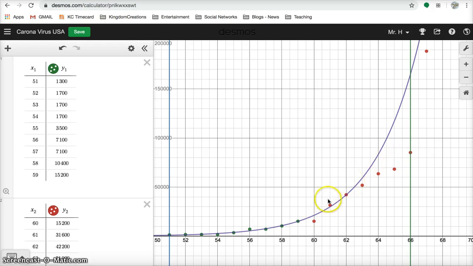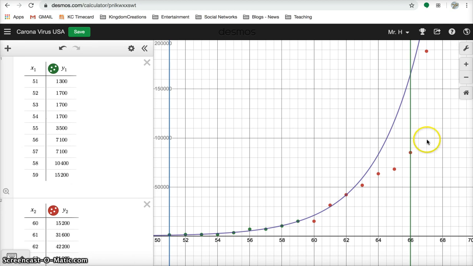And so we shifted and modeled that with a logarithm, thinking that it was going to rise in this logarithmic way over to here. But you'll notice our prediction for the 67th day was right around here. It was about 85,000.